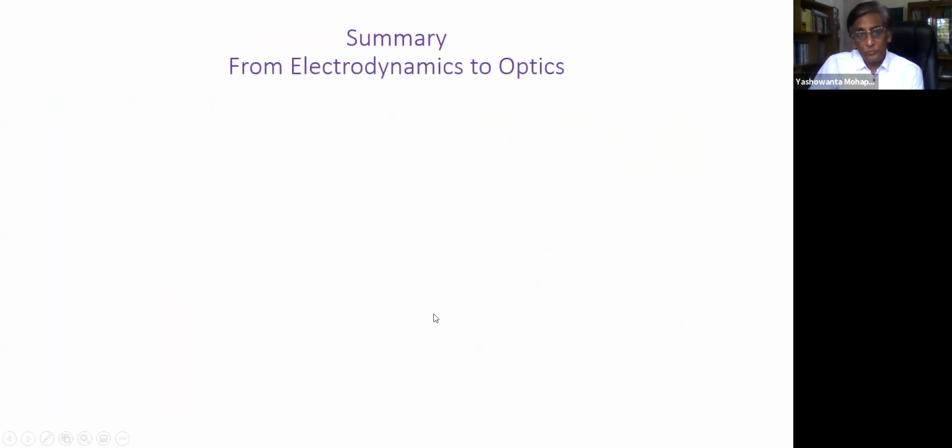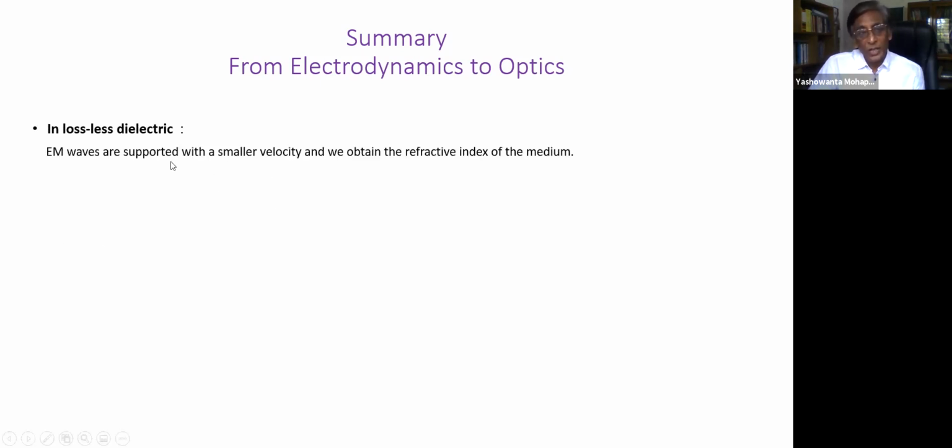So with that, I come to the summary. We have actually gone from electrodynamics to optics, basically. We even got Snell's law of refraction and the law of reflection. So let's summarize. In a lossless dielectric, where there is no loss of energy, EM waves are supported with a smaller velocity, and we obtain the refractive index of the medium.